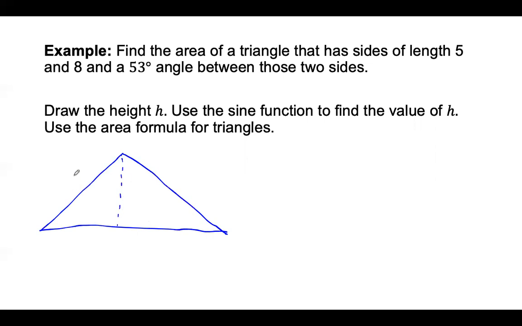So this is our length 5, and this is our base 8. Base is equal to 8. So we want to find the area. And between these two, we know the question also gives us the angle is 53 degrees. It's our theta. So what is our area?